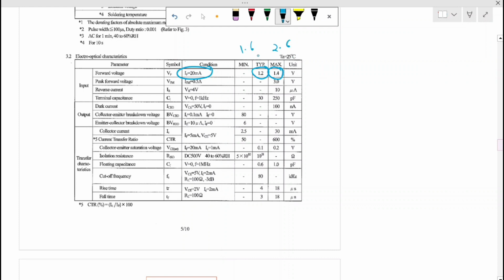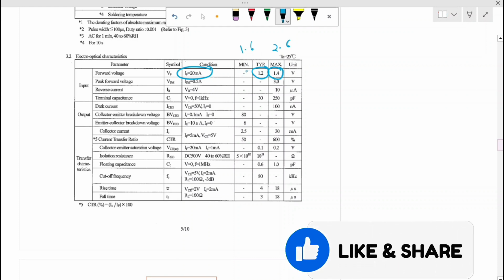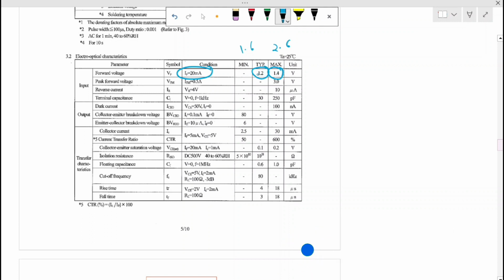Typical value we can calculate, but here they have given the typical value, not the minimum value. So whether it will operate or not, we don't know. That's why they have given a dash value. So what we'll do, we will take the typical value to the maximum value, and then we will operate the system.